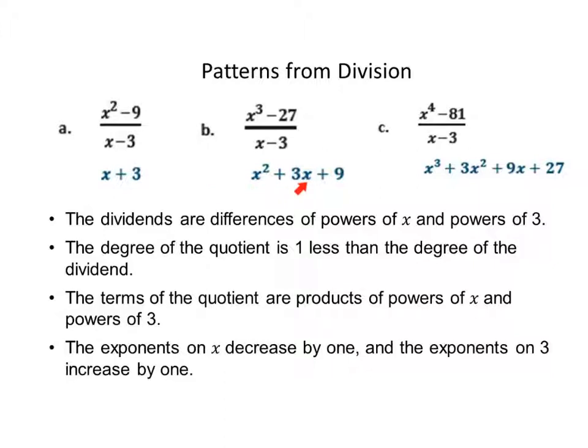In the next term, the x is actually decreasing from 2 to 1, while the power of 3 is increasing from 1 here to 2 here. So x is going down by 1, the exponent is going down by 1, and the exponent of 3 is going up by 1. 3 to the power of 1, 3 to the power of 2, 3 to the power of 3. Actually, there's a 3 to the power of 0 here if you start from here. 3 to the power of 0, 3 to the power of 1, 3 to the power of 2, 3 to the power of 3.